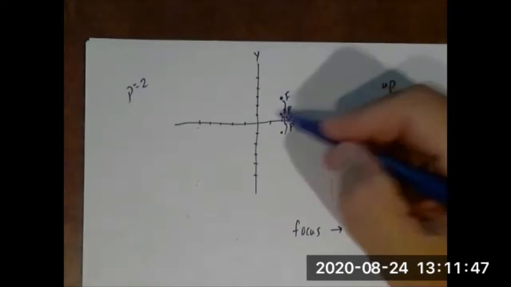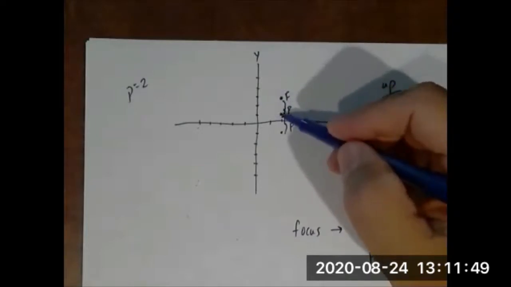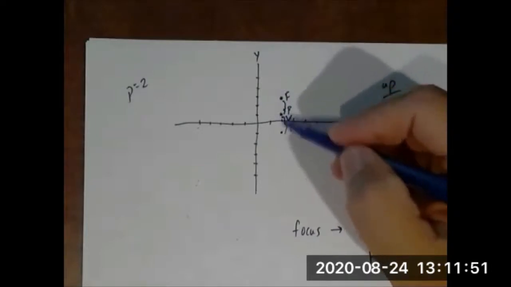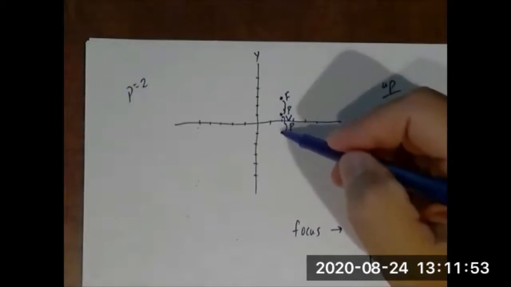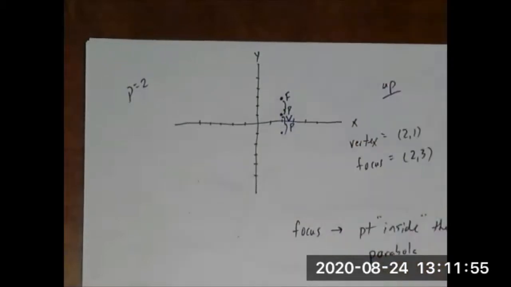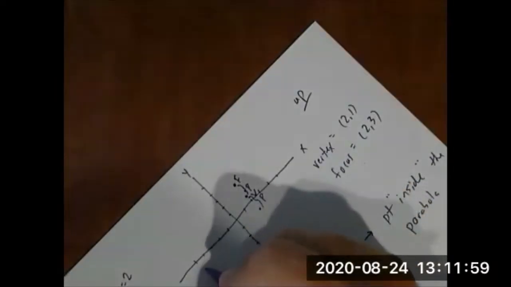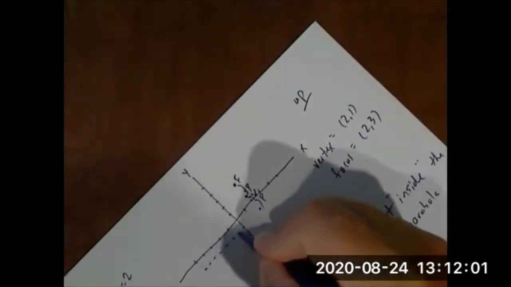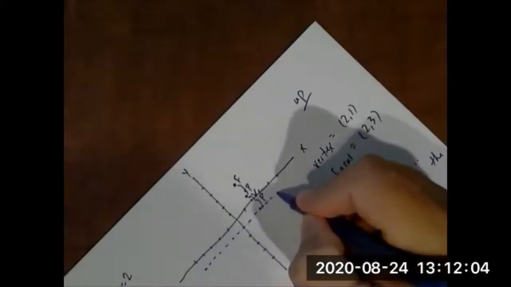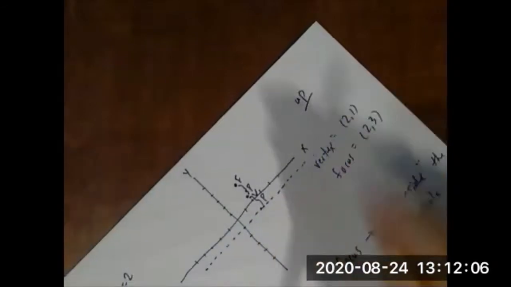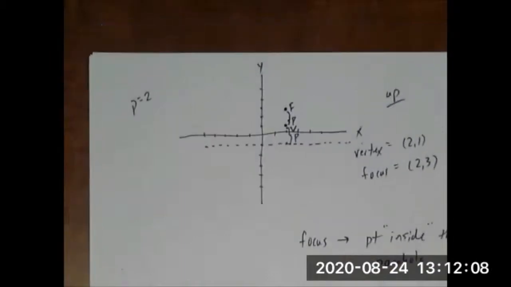That is inside the parabola. And then we also move down 2. This point here is one of the points on the directrix. On these graphs, what we do then is draw a dashed line.